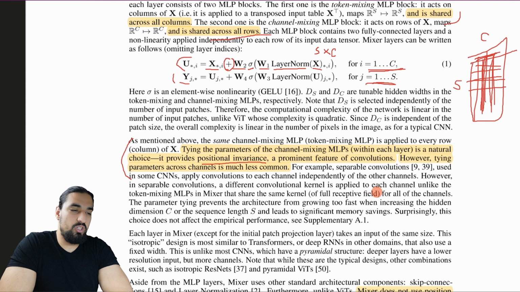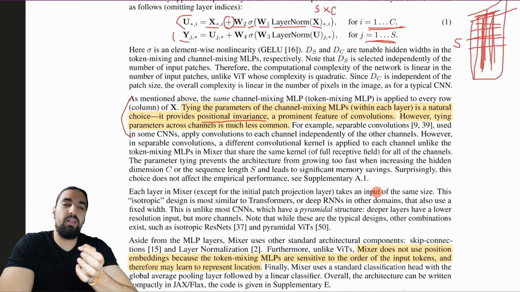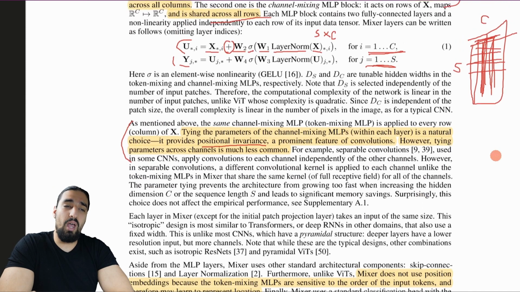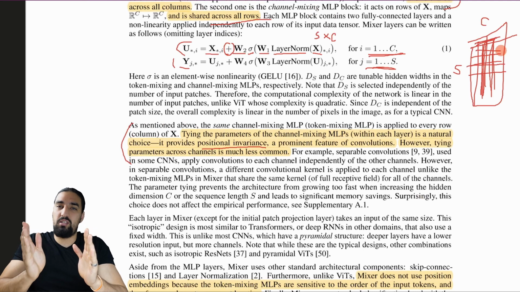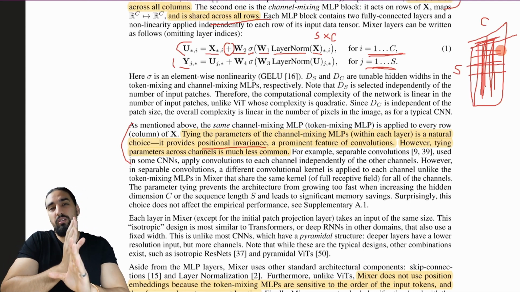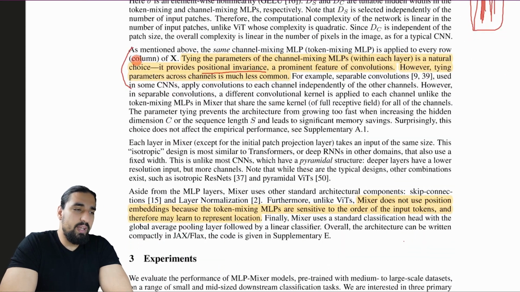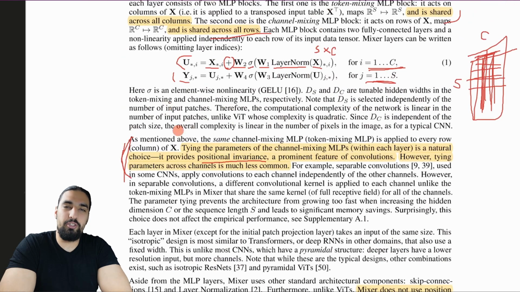So that's what they mentioned, and they actually tried both things. They figured out that just tying it doesn't hurt the performance, but it saves memory, obviously, because you don't have to have C MLPs. You can have just one single MLP and just apply it C times. But again, there is nothing theoretically guaranteeing that this is a better choice. It's just an experiment.